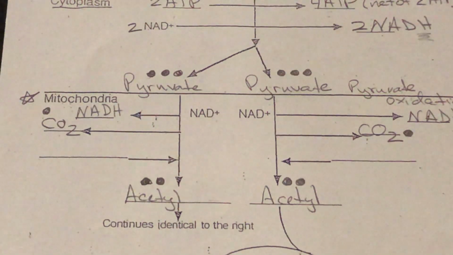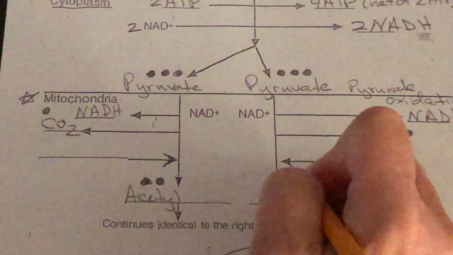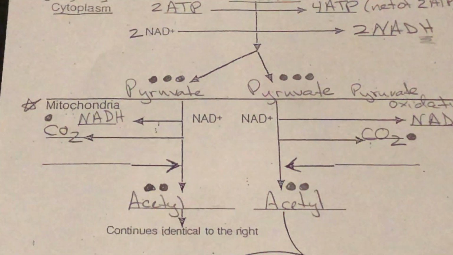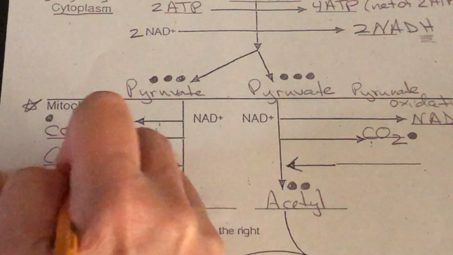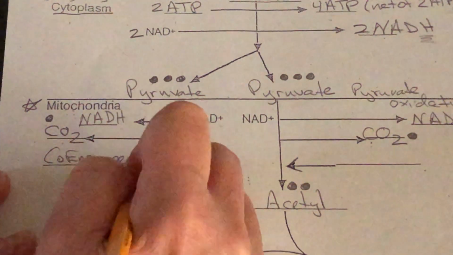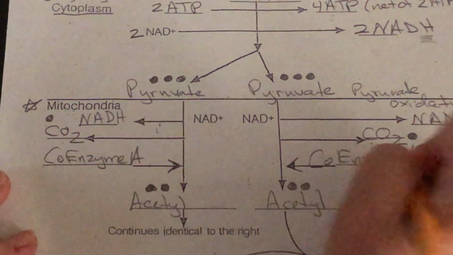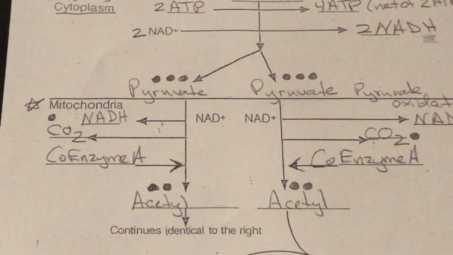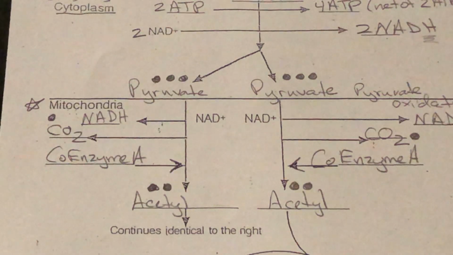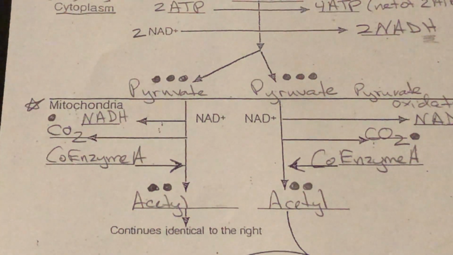Now, the key here, you see this arrow is coming in. Something's coming in, it's not coming out. This is called coenzyme A. And we need 2 of them because coenzyme A is another type of carrier molecule, and what it's going to do is attach itself to this little 2-carbon acetyl, which still has a lot of energy in it, and carry it into the citric acid cycle.